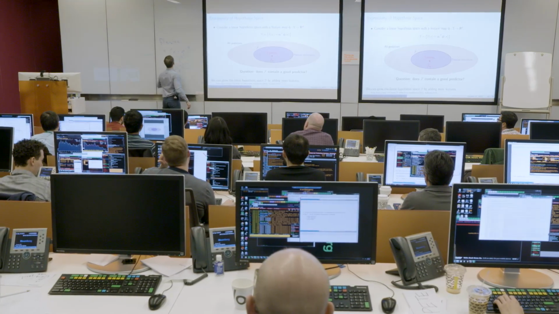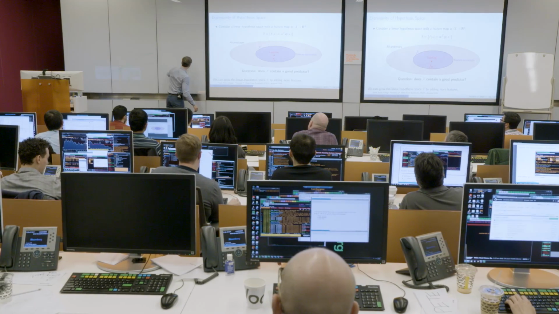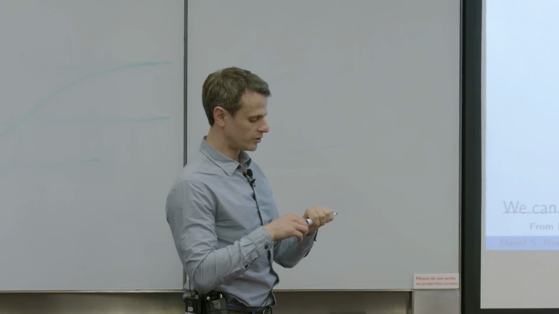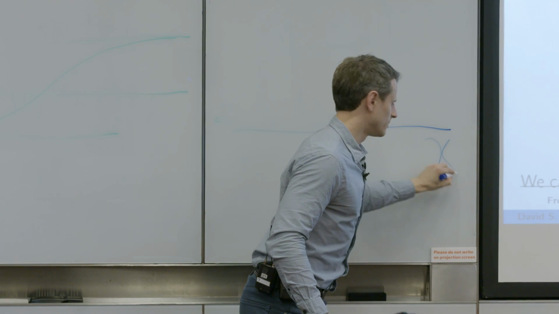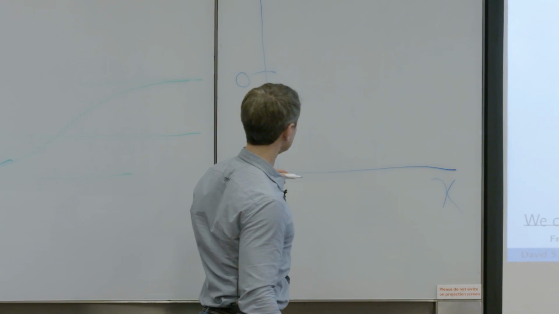So let's give an example. You've learned a score function. This is your input space, we'll write it as one-dimensional. Here's 0.